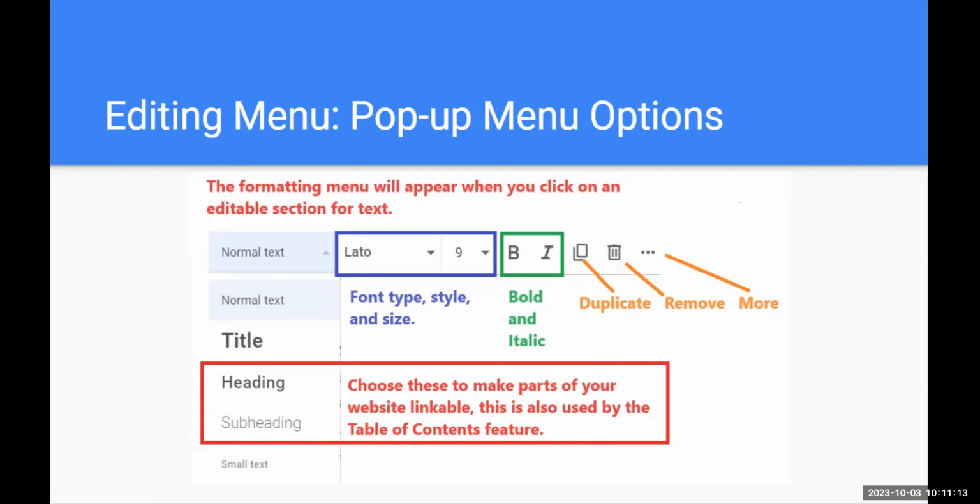And that will let you know that by pressing that, you could directly jump to that part of the website or web page without browsing through everything. So it gives you a specific link to that part if you just want to jump or link a specific part of the website. So if you want to do that, and if you want it to show in your table of contents, choose heading and subheading.